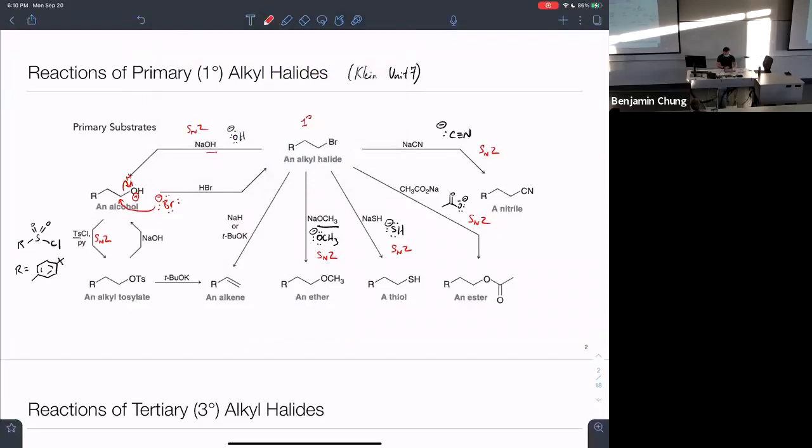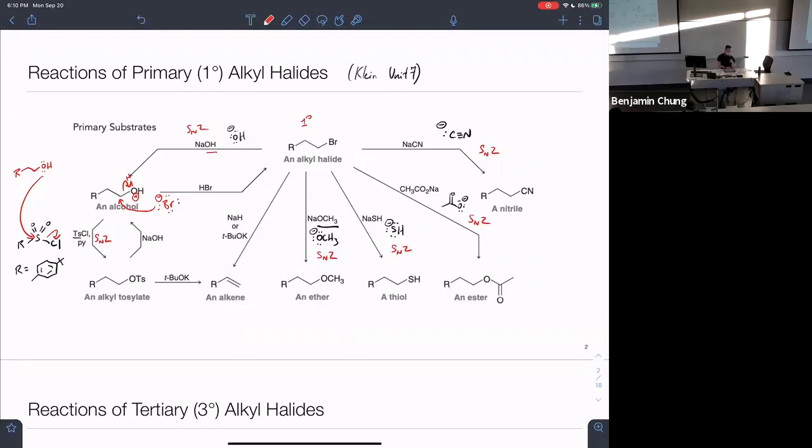Basically, I'll draw it over here. You have two lone pairs on your alcohol, and that basically just attacks the sulfonyl, the sulfur, and then it displaces the chloride, and then that generates your alkyl tosylate.